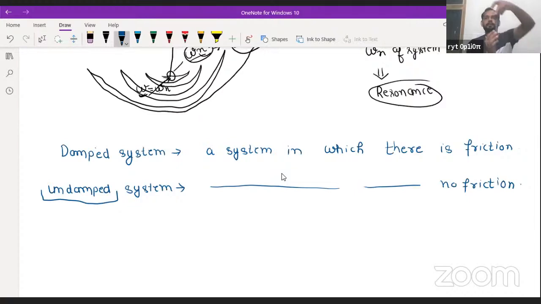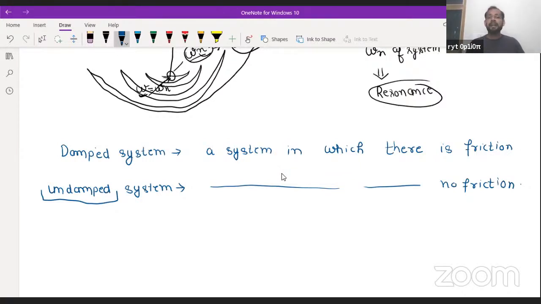For example, this is our system. I know that the natural frequency of the system is omega n, and we can apply a force of a frequency like this, or a force of a frequency like this. So we can change the excitation frequency of the force. If it matches the natural frequency of the system, only in that condition will resonance occur.